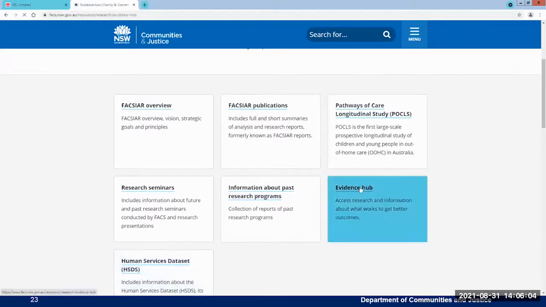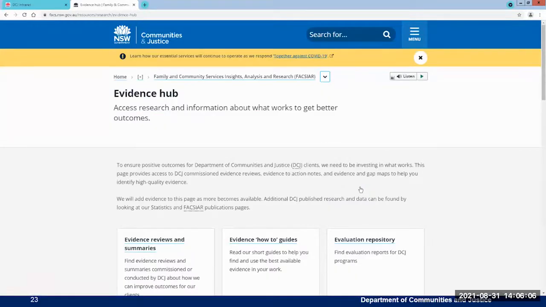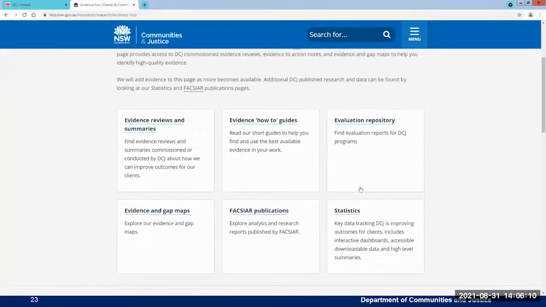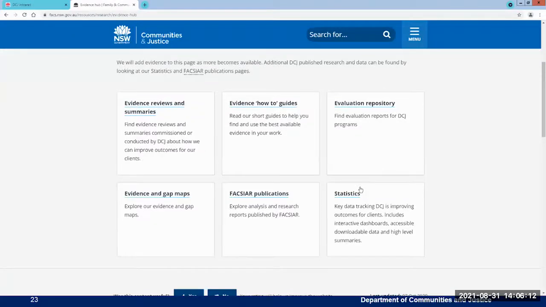I can quickly show you the evidence hub. There's evidence reviews and summaries, how-to guides. There's an evaluation repository that isn't yet available, so that's happening as we speak. And our publications and gap maps, evidence and gap maps. So you can find a lot of information there as well.